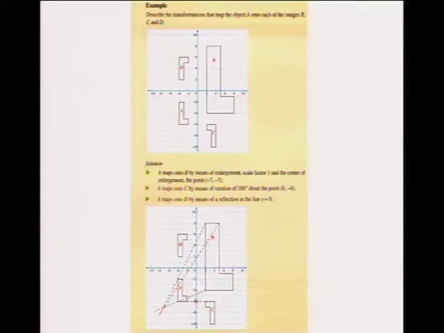The next one is A maps onto C by means of rotation of 180 degrees about the point (0, -6). The 0 is for the x value and -6 for the y value. The last one, A maps onto D by means of reflection in the line where y is equal to 0.